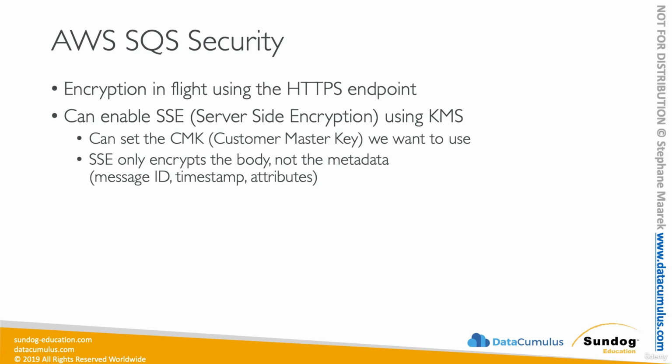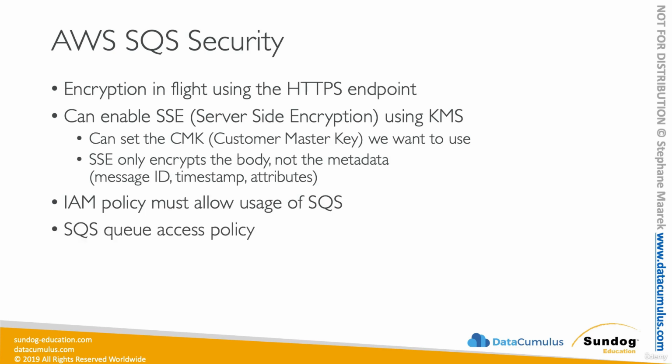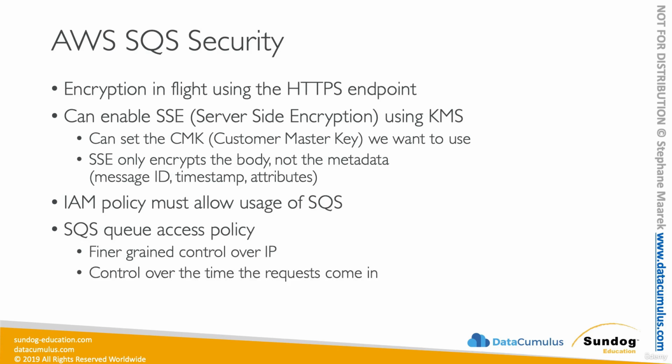So message ID, timestamp, and attributes will not be encrypted by server-side encryption. The IAM policy must allow the usage of SQS, so you can define which user can send data to which queue. And we can, on top of it, set an SQS queue access policy if we want to restrict the security further down. It can get finer-grained control, for example, over the IP, or we can control the time the requests come in.